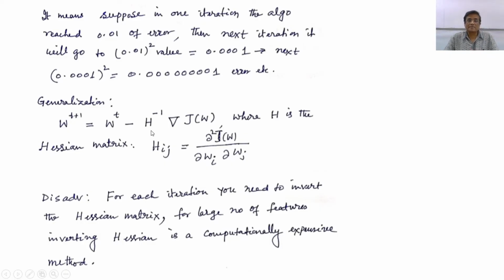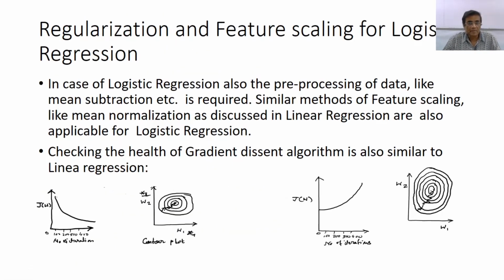And as you know, matrix inversion requires that there is no singularity. If there is singularity, then it may fail, okay. So those are the two disadvantages. Otherwise, it's a great optimizer, and you should try, okay.